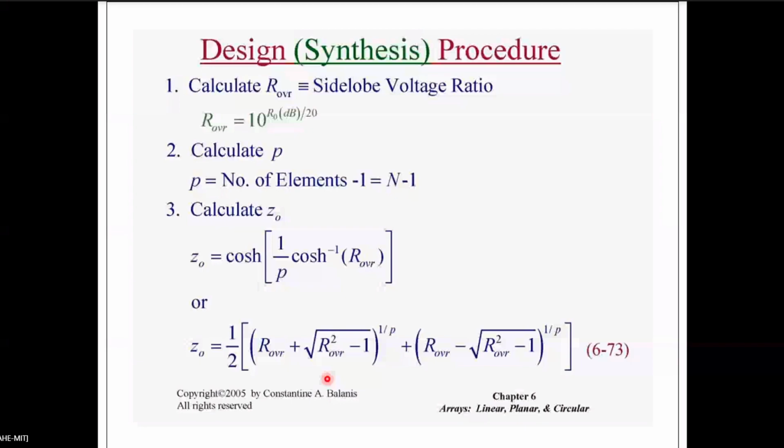Now, fifth step. Equate the array factor to an appropriate Chebyshev polynomial T m of z, where small m is an integer. Substitute cos u is equal to z by z naught in the array factor.